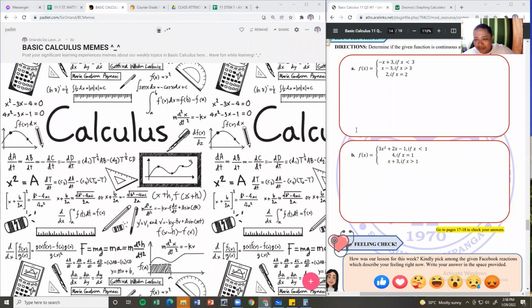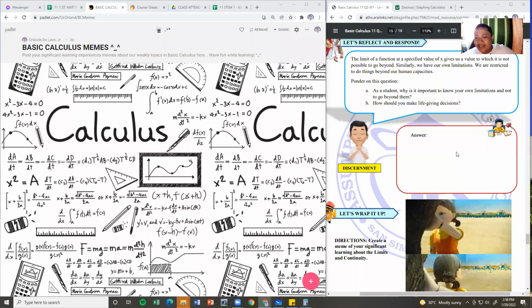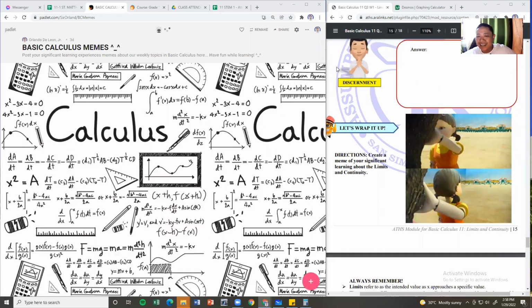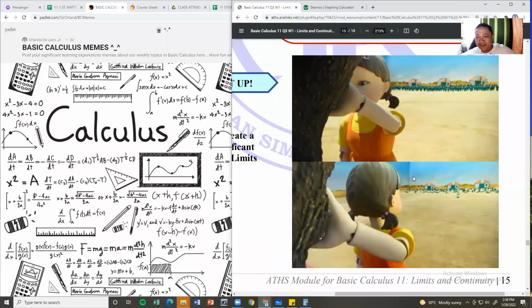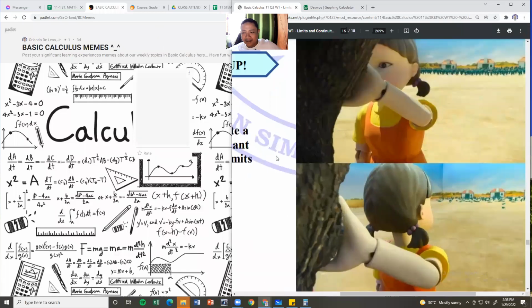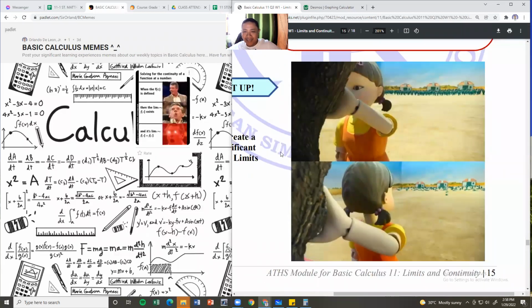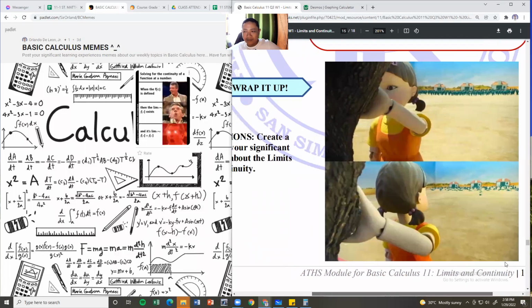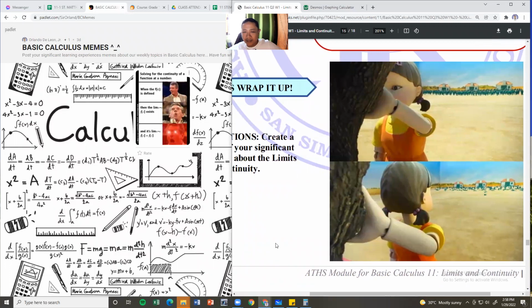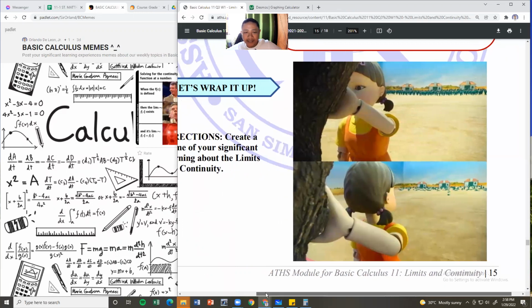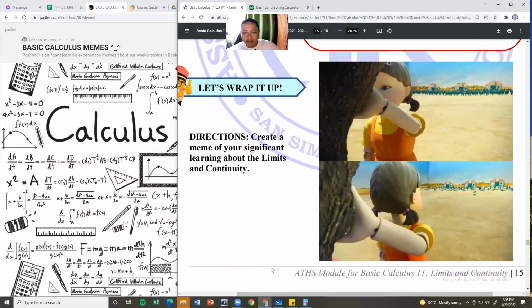Kindly access your Padlet. This is our meme for the week. I know you are very much familiar with Squid Game. Everybody, take a screenshot of the Squid Game template. This is our featured template for this week, and I want you to make or design your own meme using this template.